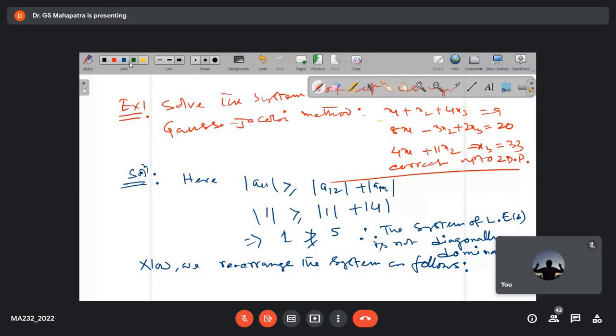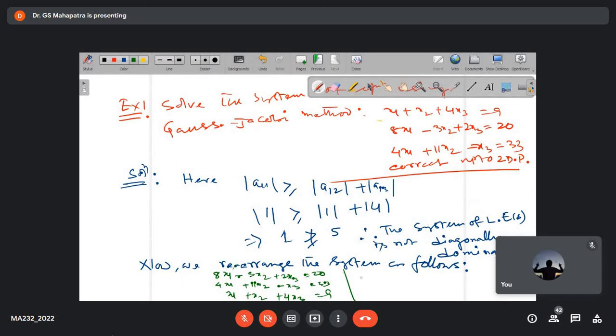What is that one? 8x1 minus 3x2 plus 2x3 equals 20. Then next one is 4x1 plus 11x2 minus x3 equals 33, and x1 plus x2 plus 4x3 equals 9. This one.